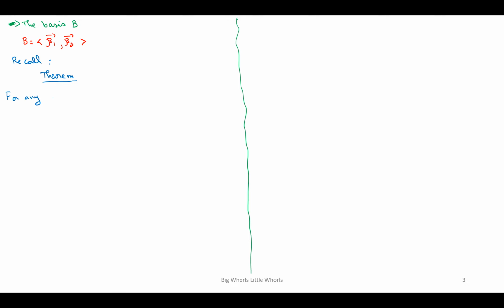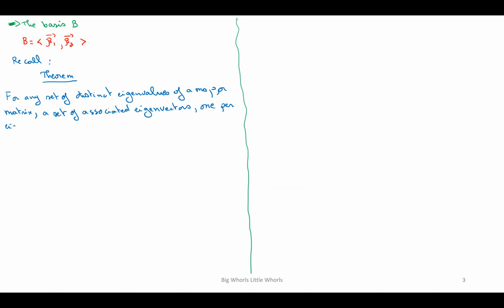For any set of distinct eigenvalues of a map or a matrix, a set of associated eigenvectors, one per eigenvalue, is linearly independent.